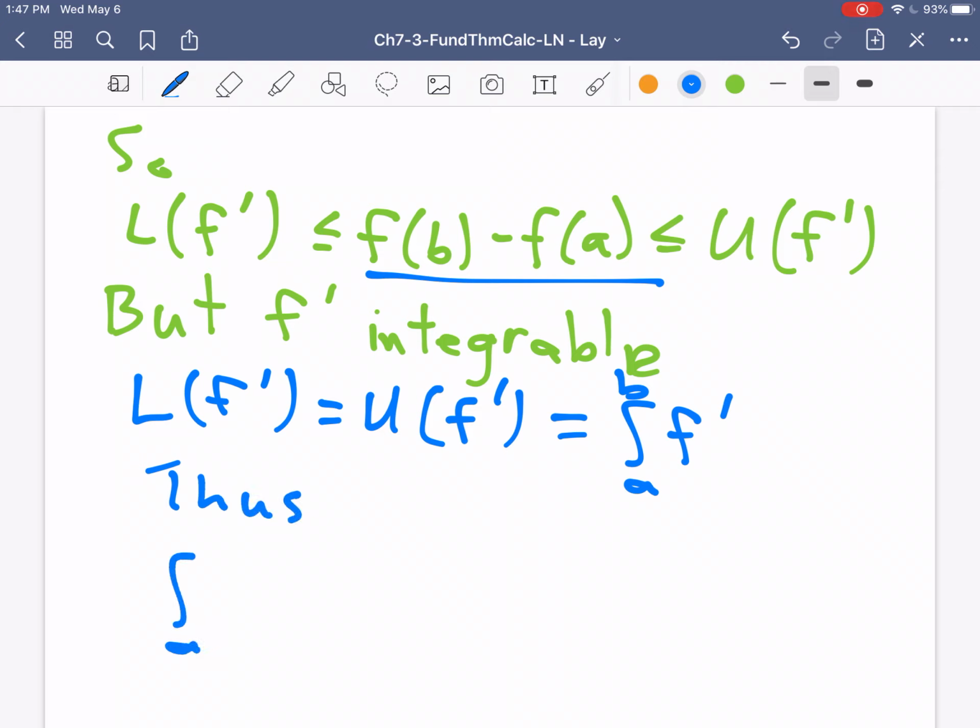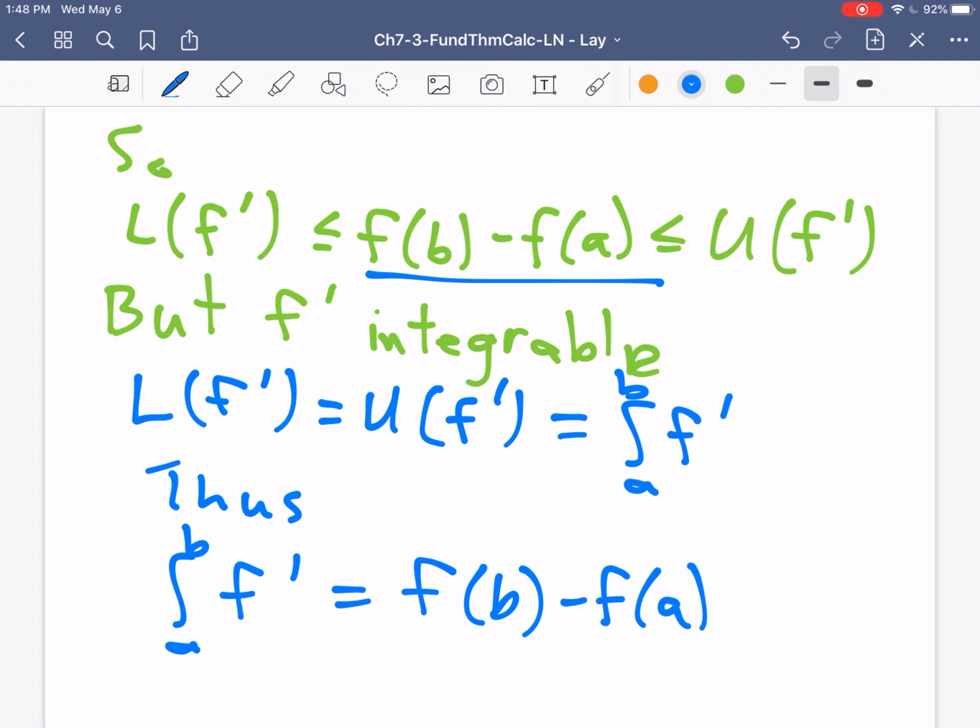Thus, the integral from a to b of f prime has to be equal to the difference between f of b and f of a.